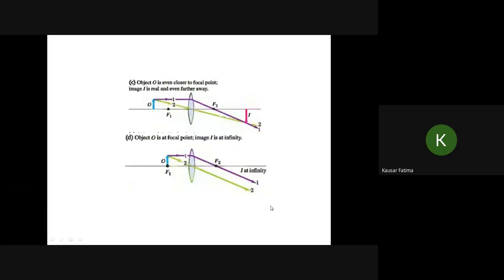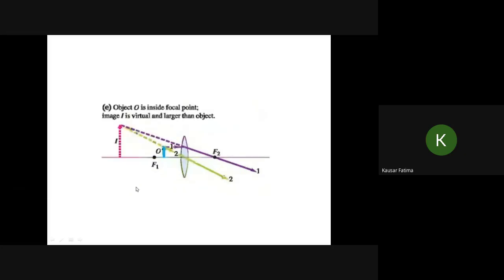Now we are bringing the object closer to the lens. First it was beyond 2f, then at 2f, then between f and 2f, then f, now between the optical center and f. Here is the optical center, this is the object, and the ray which is parallel to the principal axis goes through f2 on the other side, and the ray which strikes the optical center goes undeviated.